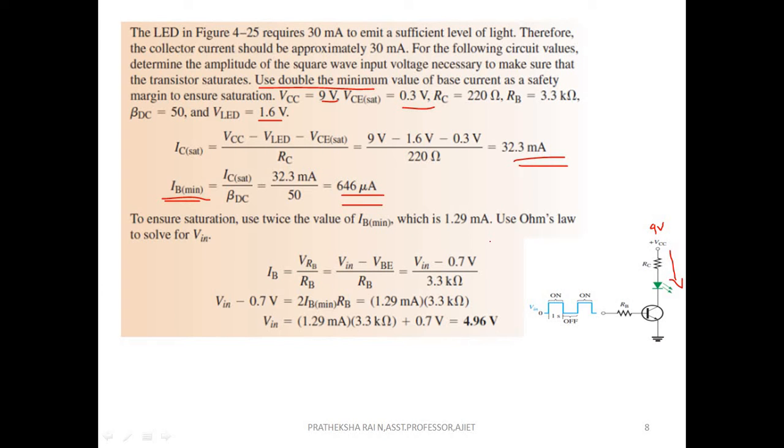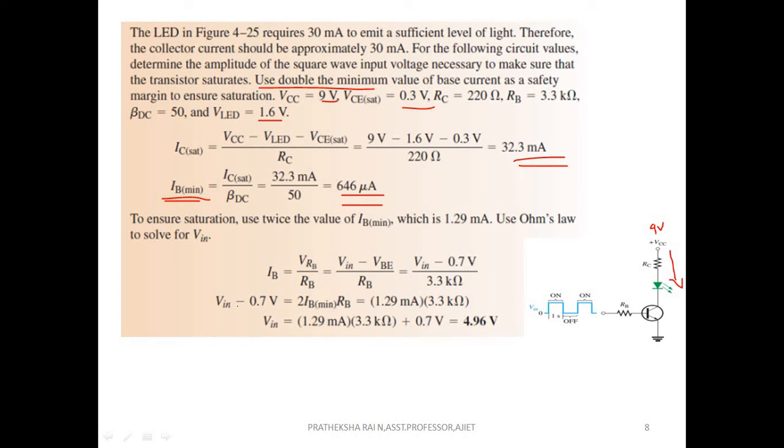To find Vin, we will use Ohm's law. IB is equal to VRB divided by RB, and VRB, as in the previous question, is Vin minus VBE. Vin we don't know; VBE is standardly taken as 0.7 volts for a silicon diode, and RB is 3.3 kilo ohm, already given.